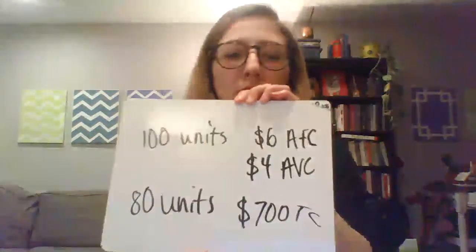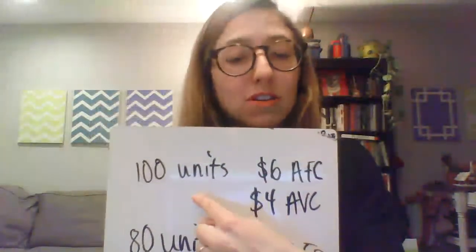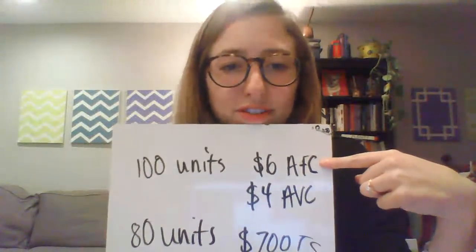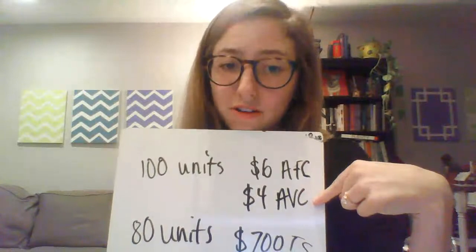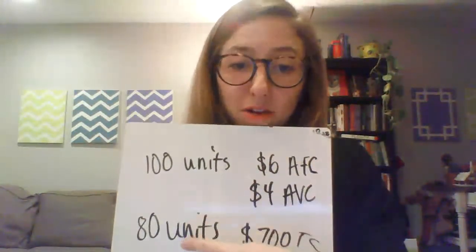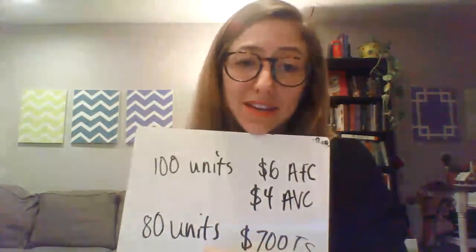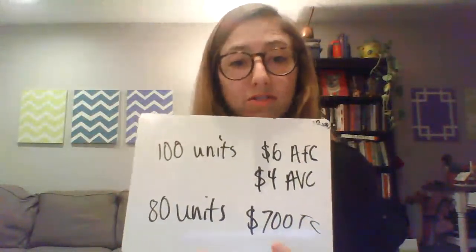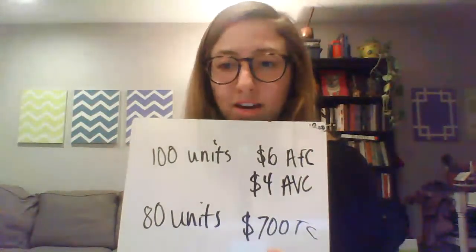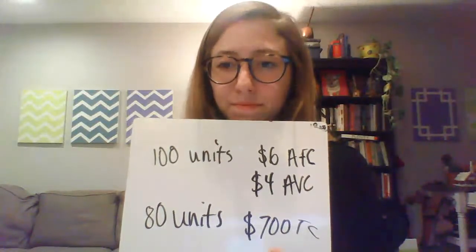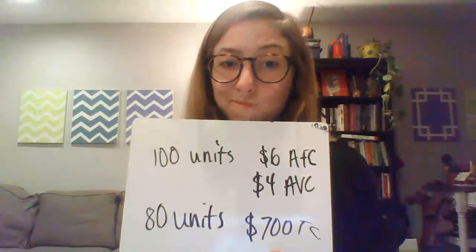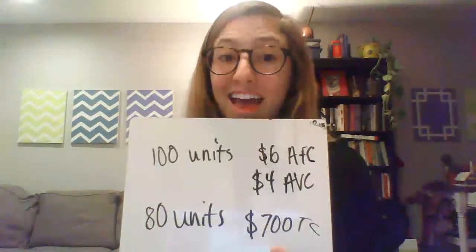All right. So initially, the company's making 100 units with an average fixed cost of $6 and average variable cost of $4. Then the company closes some stores. Now they're making 80 units and a total cost of $700. Anybody got it?